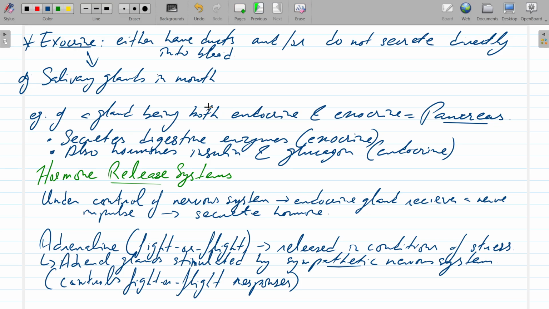So if you are in a condition of stress, a signal, an impulse goes out to the adrenal glands, and they secrete adrenaline, which goes to its target organs, so the lungs.